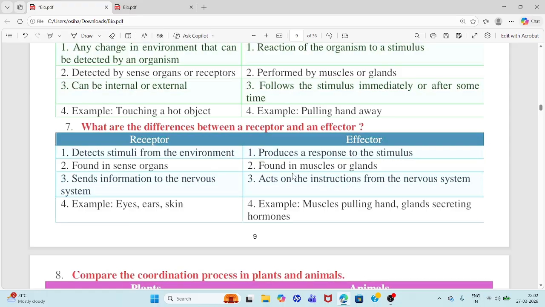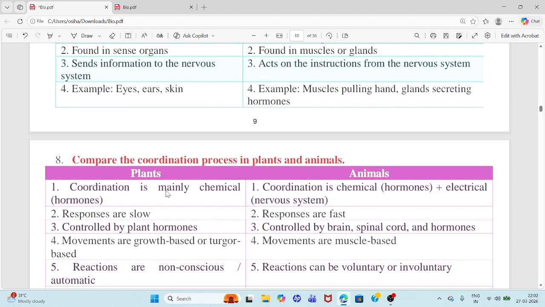Here detects and here produces a response. Found in sense organs, found in muscles or glands. Sends information to the nervous system. Here acts on the instruction. Examples: eyes, ears, skin. Examples: muscles pulling hand, glands secreting hormones.